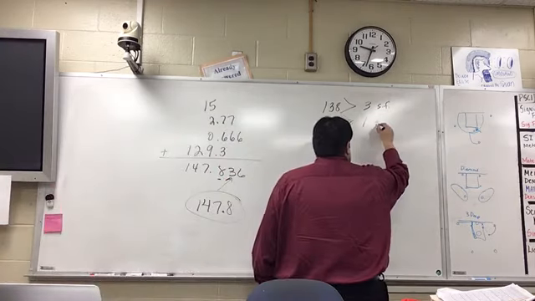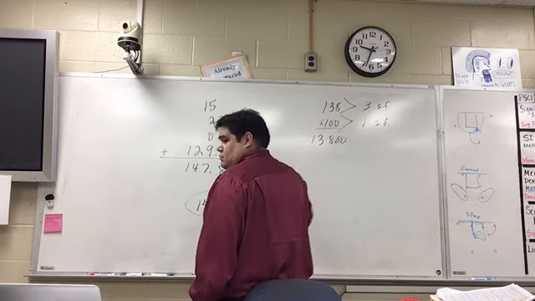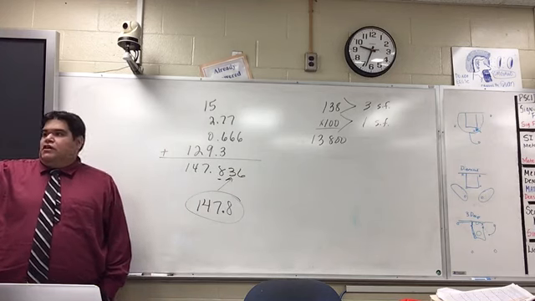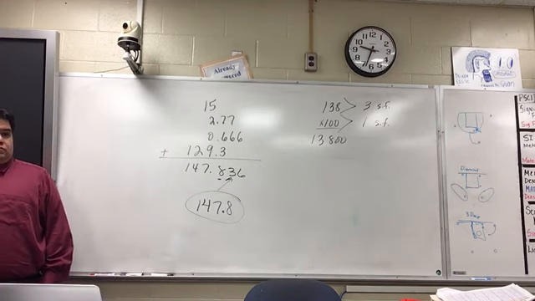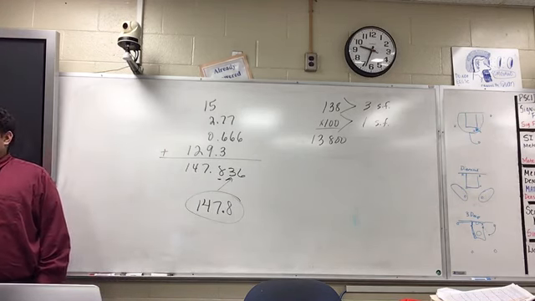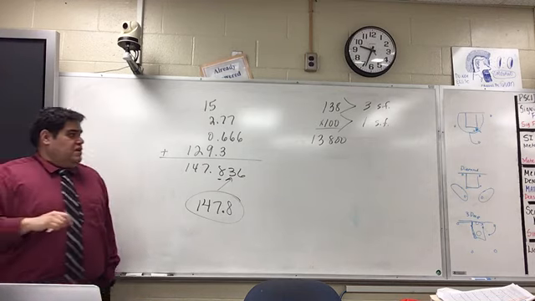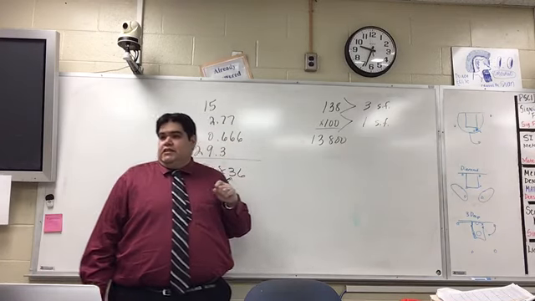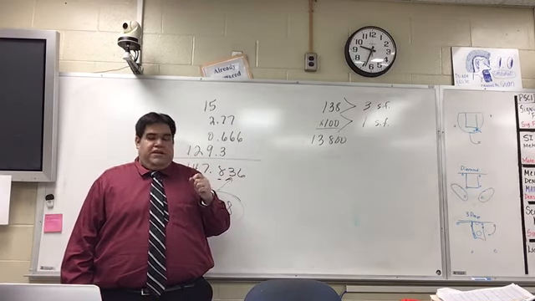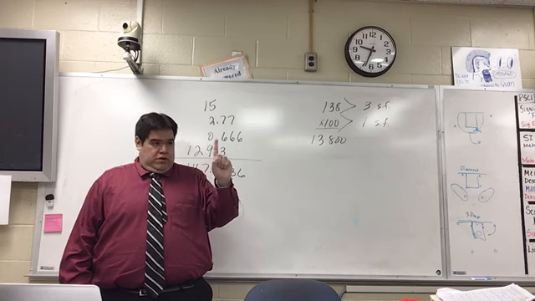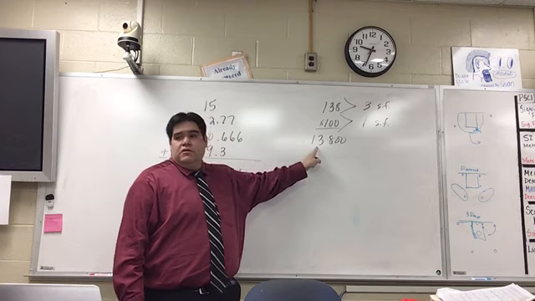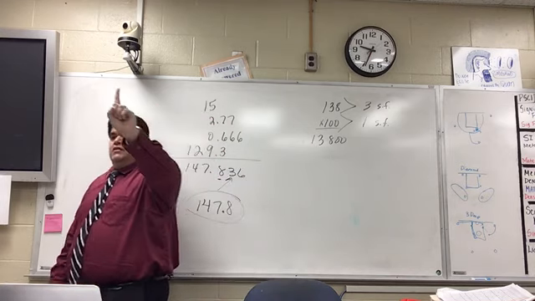So I used 2 numbers to get 13,800. One of those numbers had 3 significant figures, one had 1. So which one do you think determines my final answer? The one with the 1. So what does that mean? This answer right here has how many significant digits in it? 3. But it can only have 1. So I need you right now to go ahead and round that number to 1 significant digit.